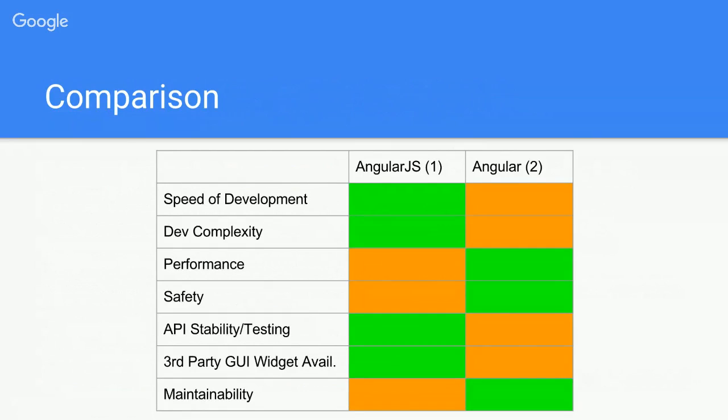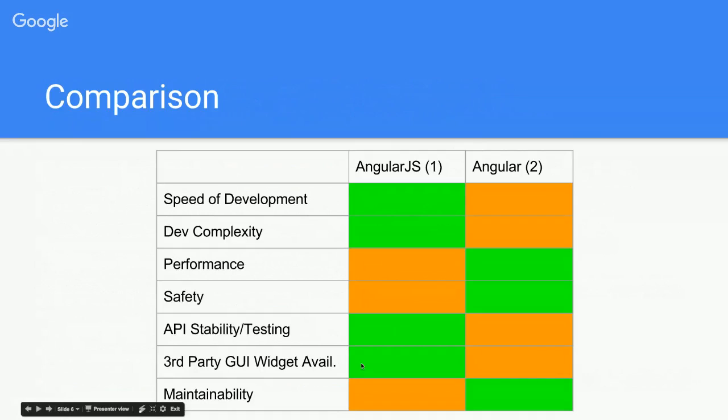Angular 2, as I'll talk about in the next slide, I think is going to give you better performance. I think it's going to give you fewer bugs because of type checking with TypeScript. And then Angular 1 is more stable because Angular 2 hasn't really even been officially released yet.